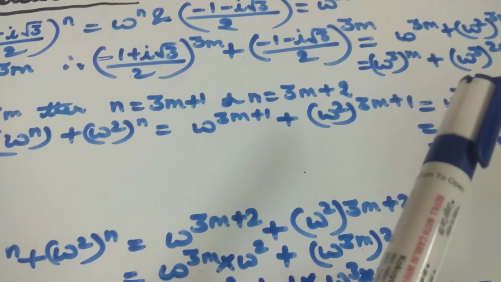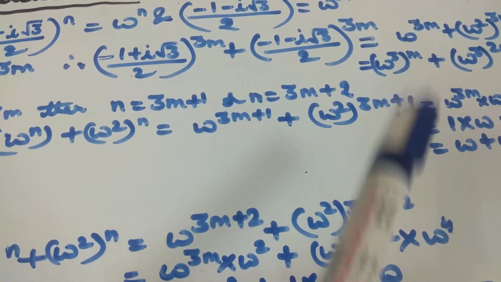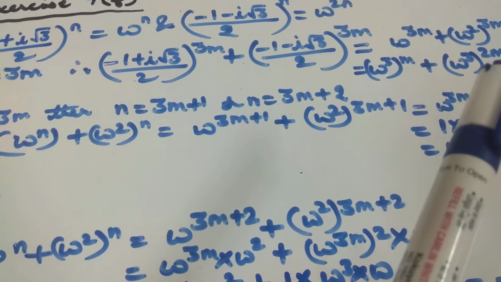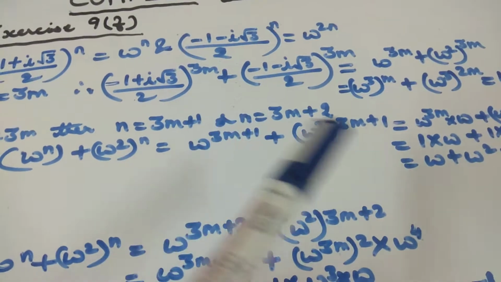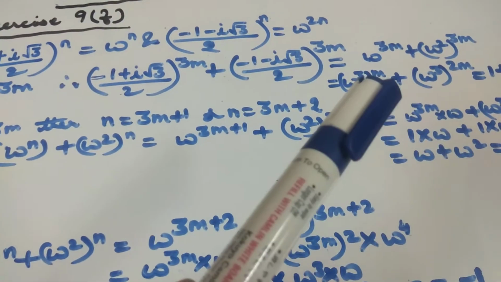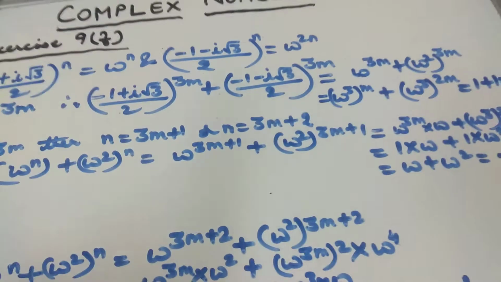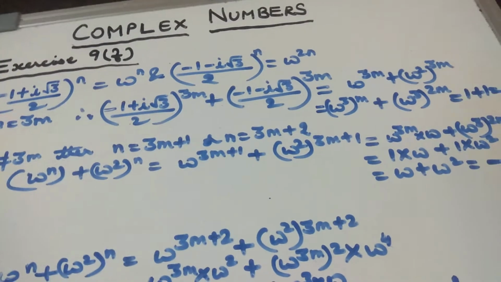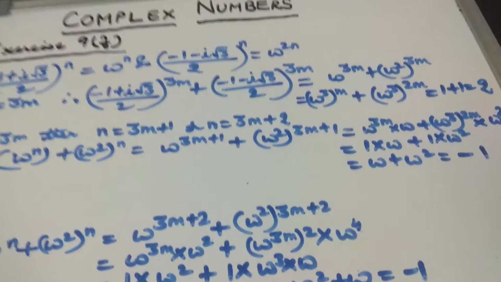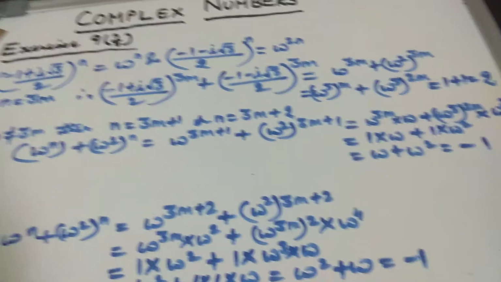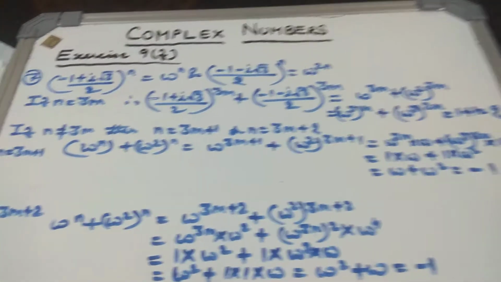Similarly, here (ω³)^(2m). So 1^m + 1^(2m) will be 1 + 1. Hence it becomes equal to 2. I hope this explanation is very clear to you.